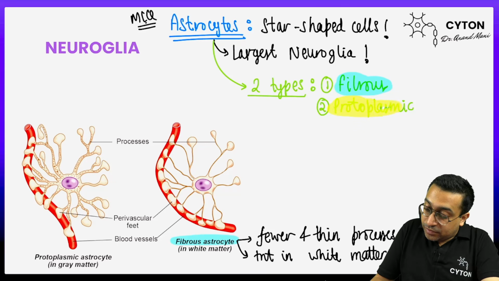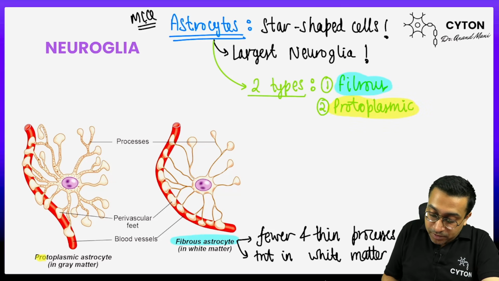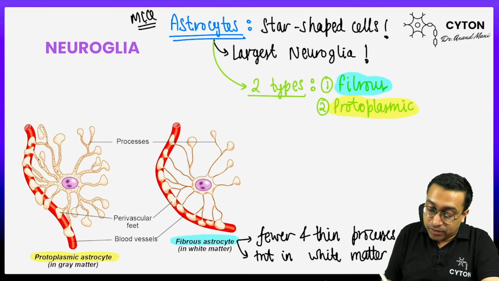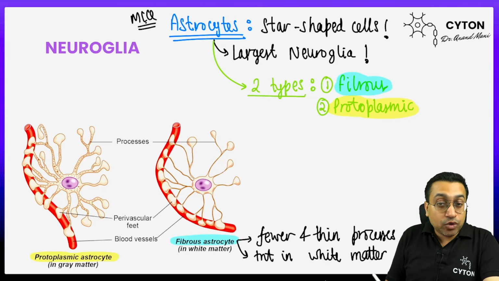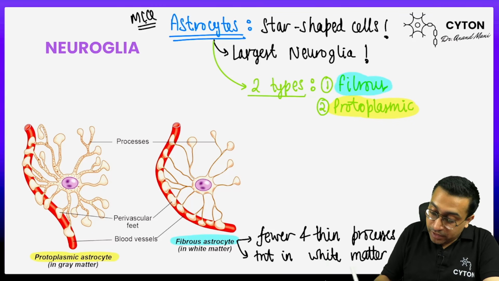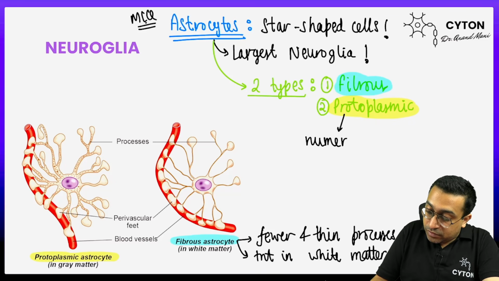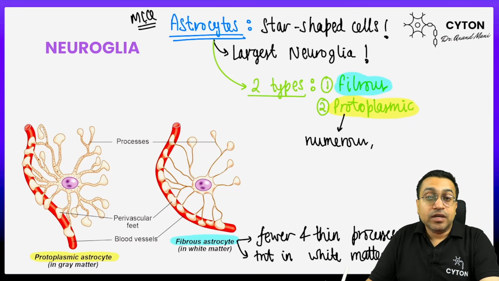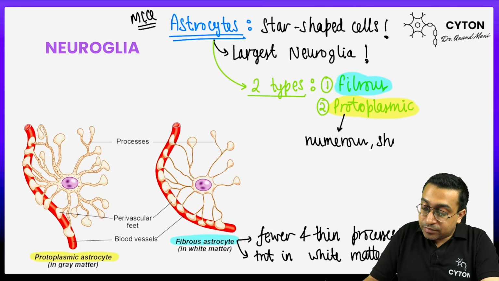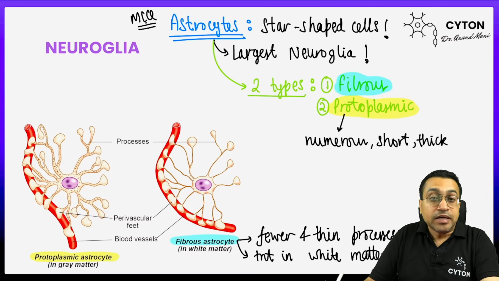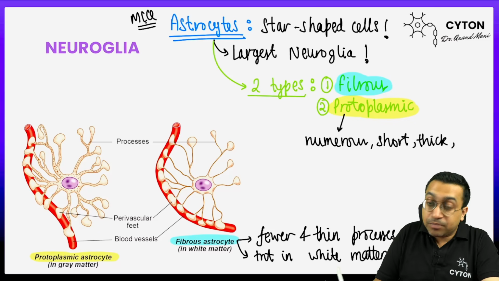Protoplasmic is again the same concept. It is the contrasting difference here, as you can see. Protoplasmic, they are numerous comparatively. Okay, I am writing it here. They are numerous, short, thick, branching cytoplasmic processes.